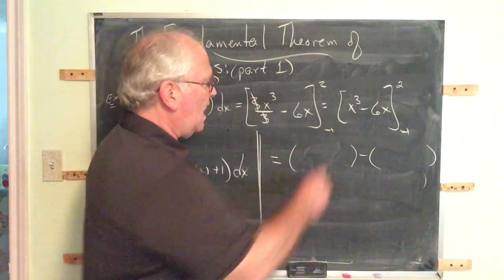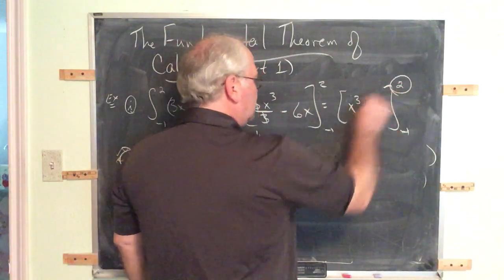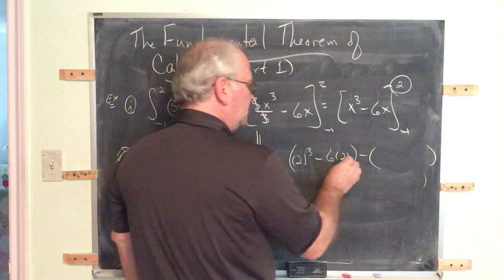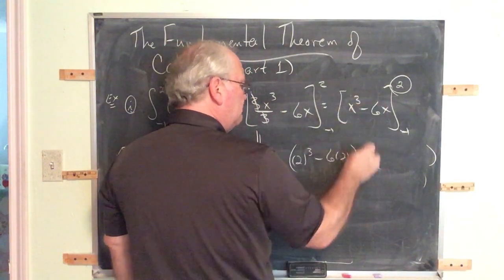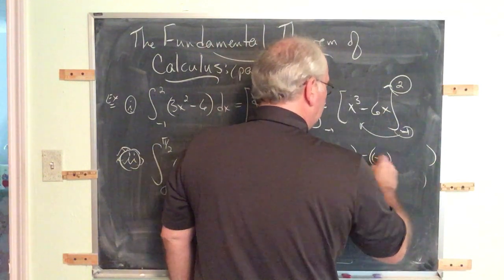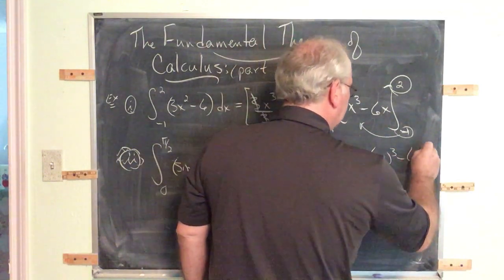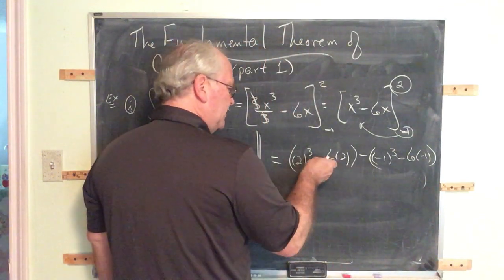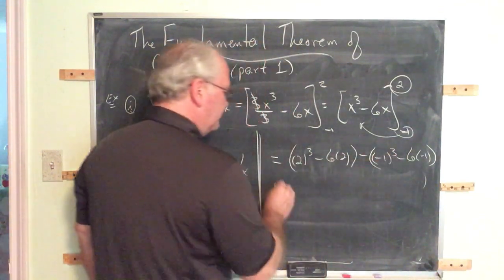So evaluate at the top, this is evaluate at 2. This is 2 to the third minus 6 times 2. This is evaluated at the top minus evaluated at the bottom. So this is -1 to the third minus 6 times -1. Evaluate at the top at 2, evaluate at the bottom at -1.